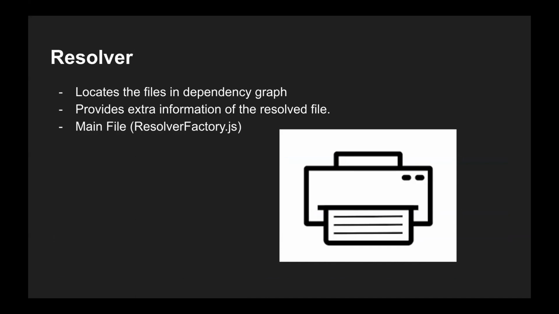Without this meta, it's very difficult for Webpack to load the files and to create the bundles. So the resolver does the work of loading the files. It locates the files and tells if the file exists or not. If it does not exist, your Webpack throws an error. But if it exists, your Webpack continues with the dependency graph.